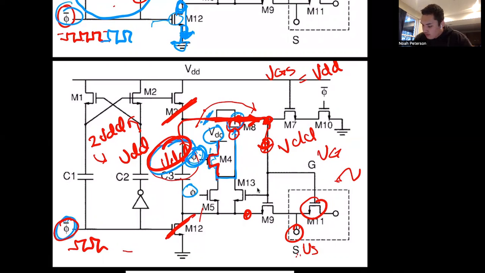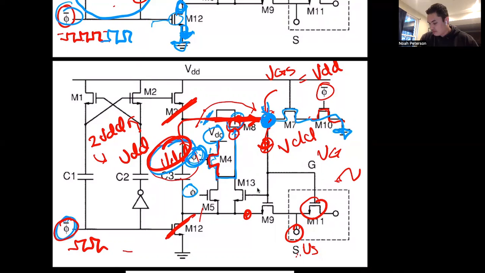And over here, when C0 is high, these NMOS transistors are on, and that means that whatever voltage was at this point is now being discharged to ground.